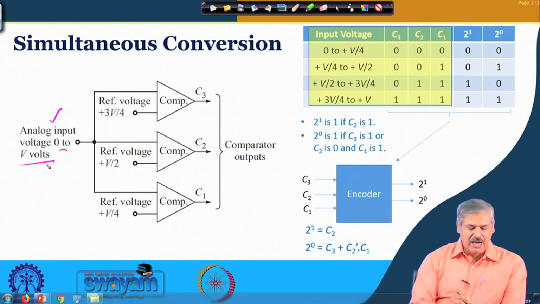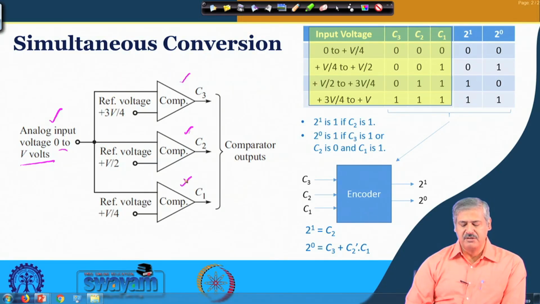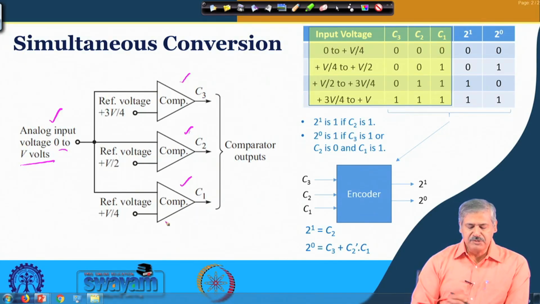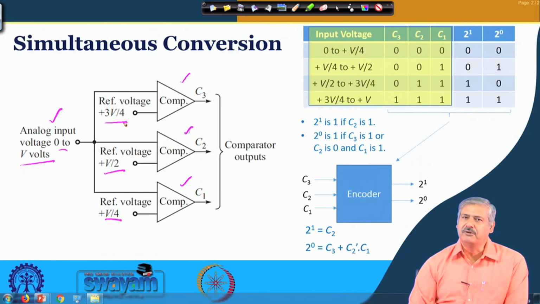And this is going in parallel to three comparator inputs, three comparators C1, C2 and C3. Each of these comparators has a different reference voltage. For the first it is plus V by 4, second plus V by 2 and third plus 3V by 4.